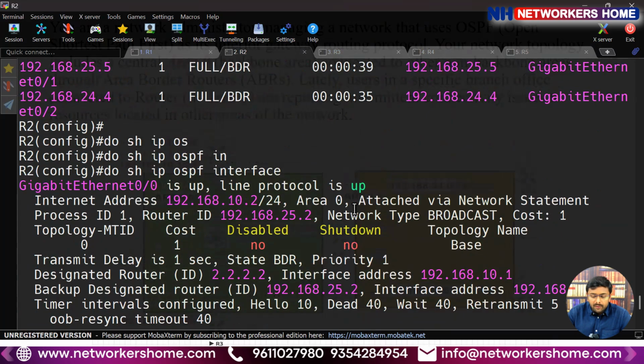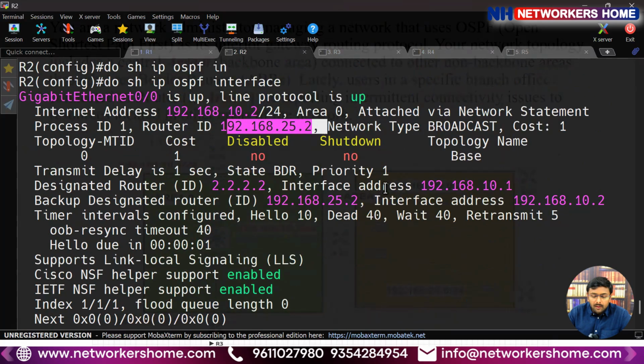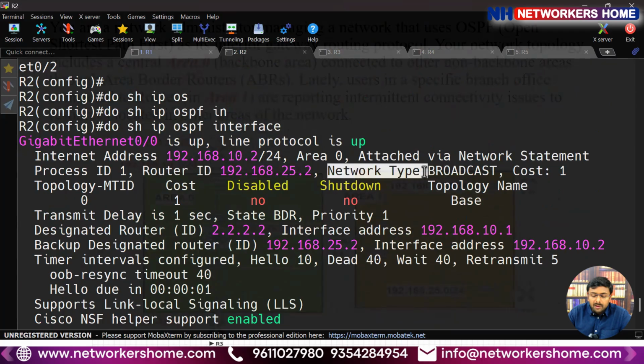It will show you the network type of the OSPF. So one is what? This is regarding network type is broadcast, and this is regarding 25.2. So it means my network type is what?